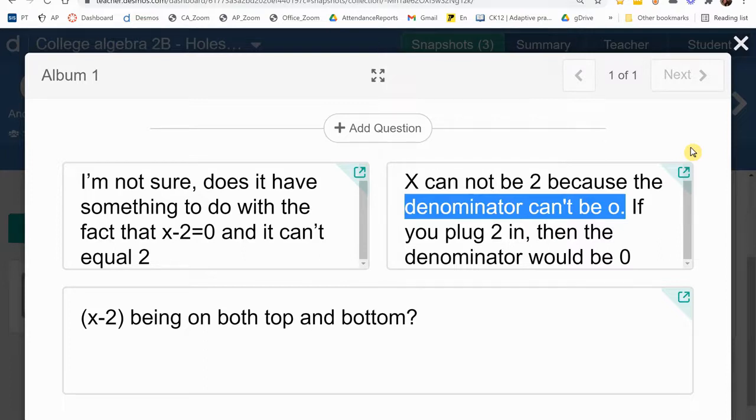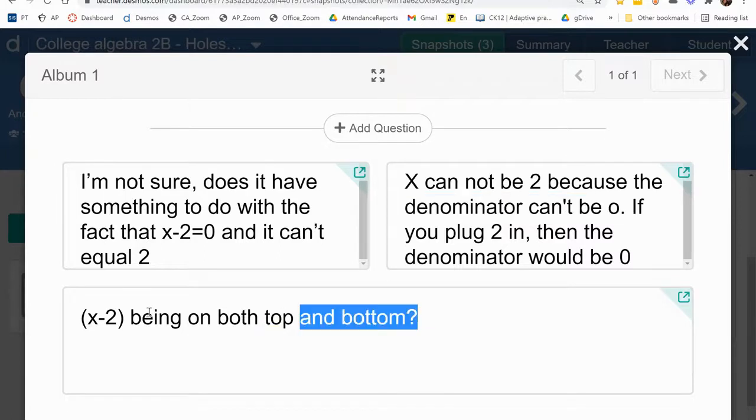And so when you get to a point where you have a value that you want to put into your function that creates a denominator that equals 0, all of a sudden it's going to go poof and disappear, because it doesn't exist at that point. Right, so that's great. That's where that hole would be, is where that denominator is made to be 0.